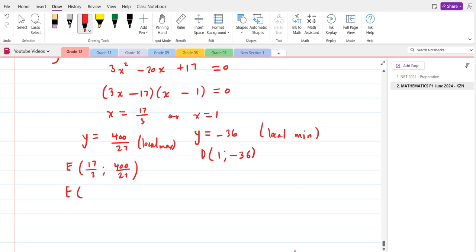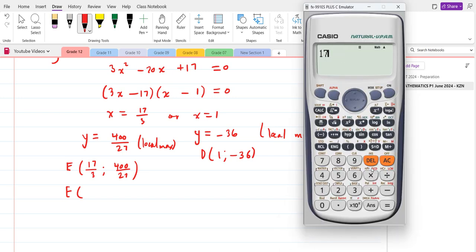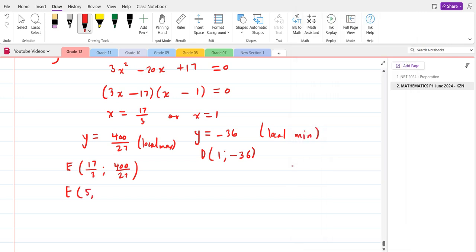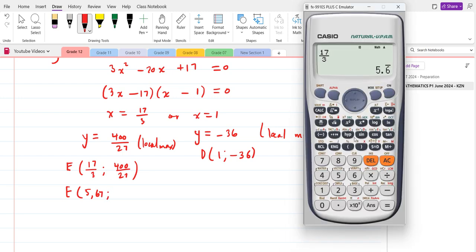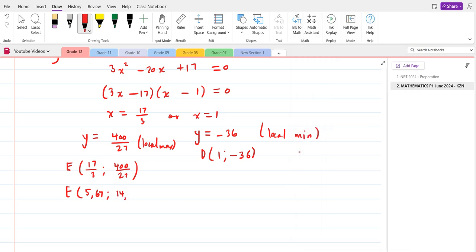That is 5 comma 67, and 400 over 27 is 14 comma 81. So you can also write it in coordinate form like that. That's right. So moving on to the next question.